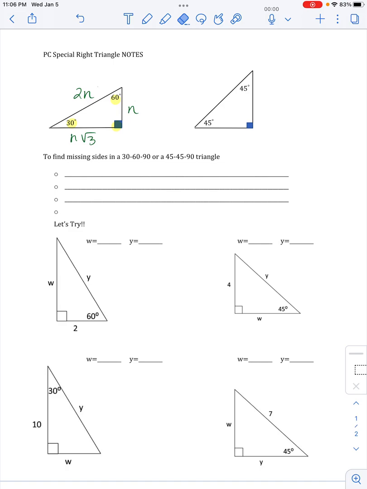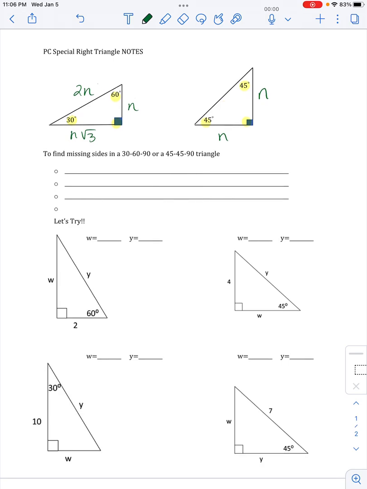So the relationship between the sides in the other special triangle, which is called, you guessed it, a 45-45 triangle, in that case, it's like a square that got cut in half diagonally. So this side is actually the same as this side because it was a square.